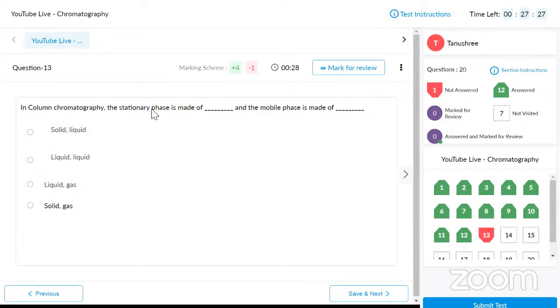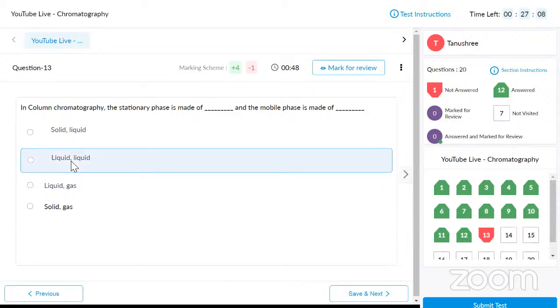Why? Because when mobile phase को तुम्हारे stationary phase के through डाला जाएगा, तो based on the affinity कि उसको mobile phase के लिए ज़्यादा affinity है या तुम्हारे stationary phase के लिए ज़्यादा affinity है, उसके basis पे your analyte will be separated from the column. So I will say my answer is solid and liquid.